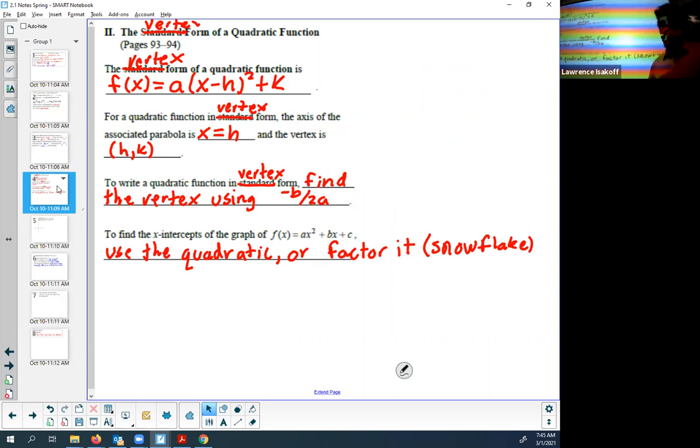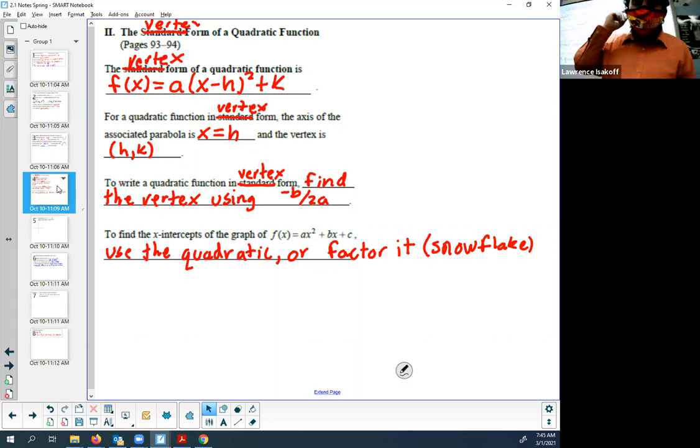Okay, so what we're going to do now is talk about vertex form. Vertex form looks like this, where h and k are the vertex, hence the name vertex form. If you notice, this vertex form looks awfully a lot like how we shifted our functions in chapter 1.